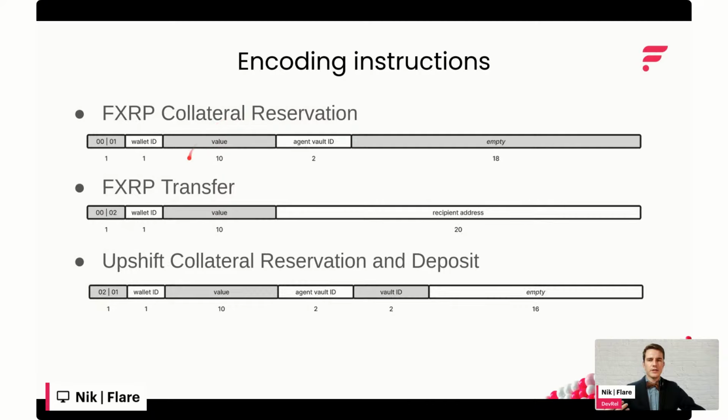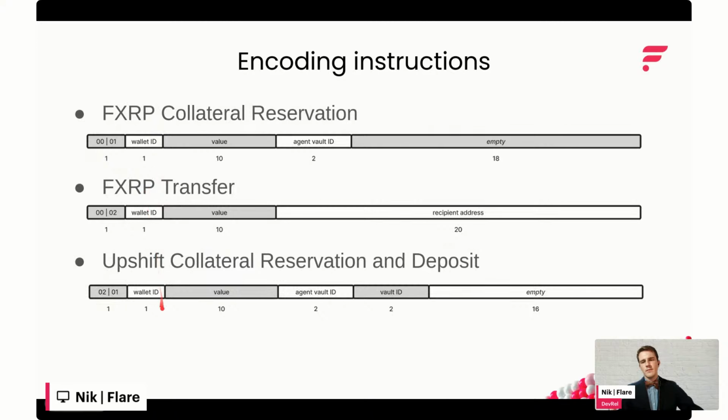In this case, the collateral reservation command of the FXRP type has the ID 1, the transfer has 2, and the collateral reservation and deposit command of the Upshift type has the hex representation of 1. Theoretically, both of these nibbles could carry values from 0 to F, which is the hex representation of the number 15.